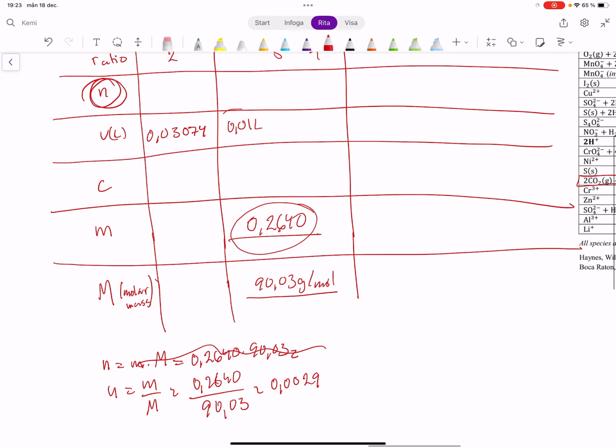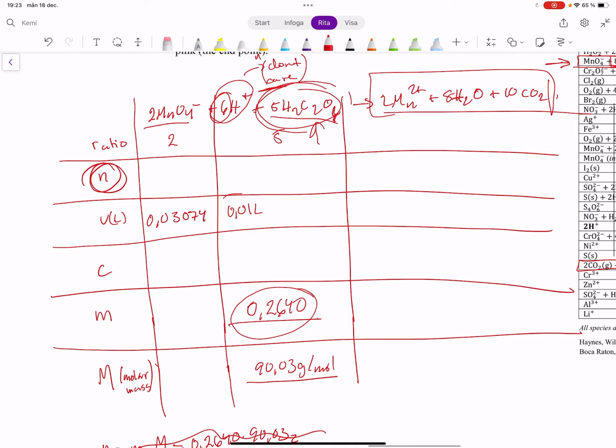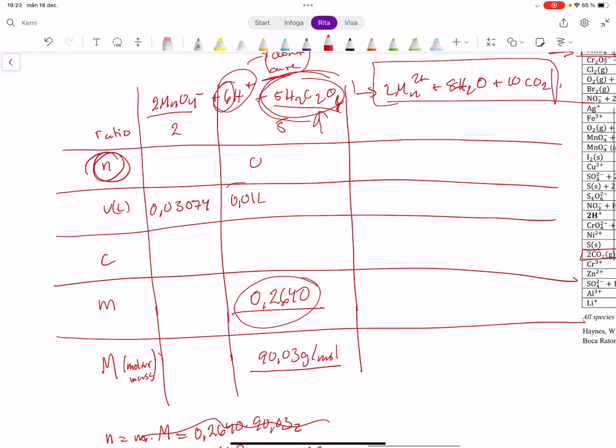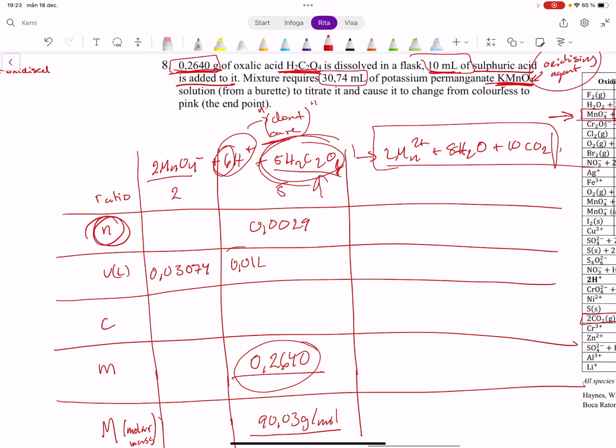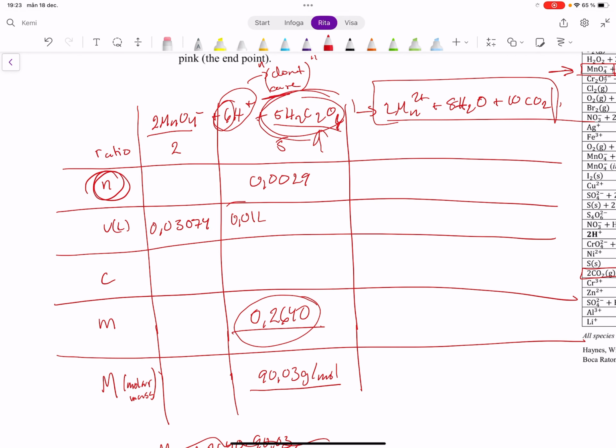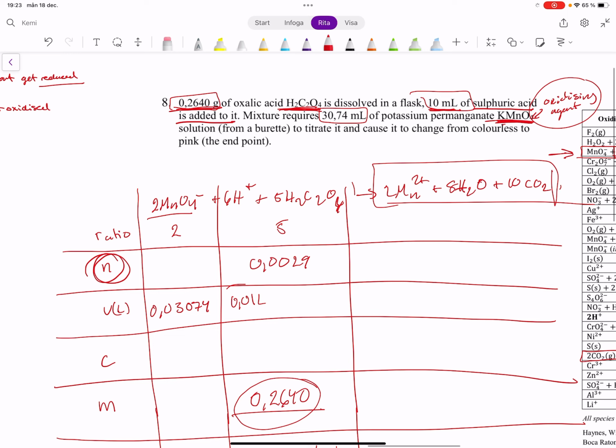Yep. And now that we have the amount of moles for oxalic acid, we write 0.0029. Okay, now we look at our table again. Let me just clean this up. What we want to know, well, the question hasn't been put, but most commonly it's like, what's the concentration or moles of this one.